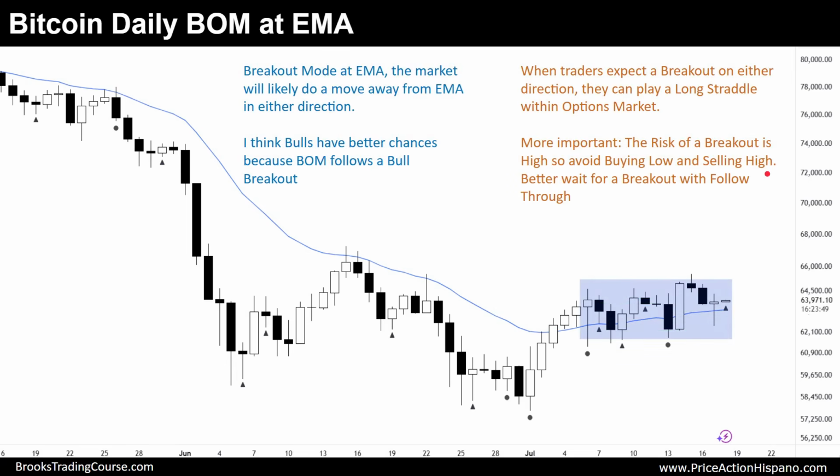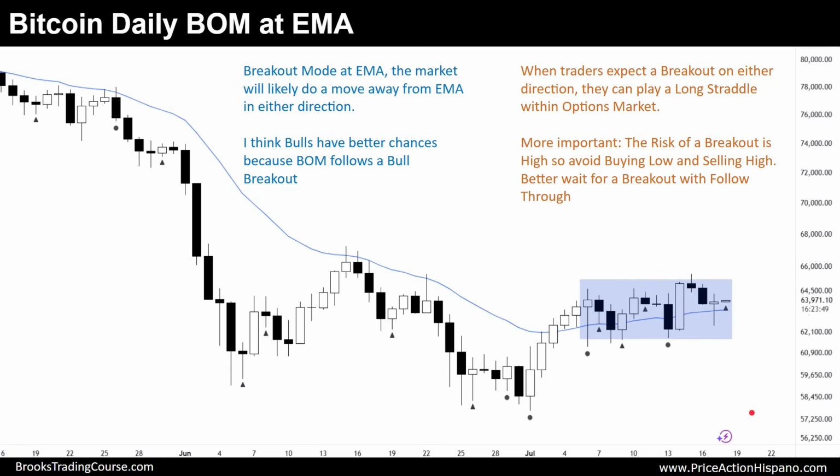More importantly, what we discussed in the introduction, this breakout mode pattern sits at the exponential moving average. Whenever we see a tight trading range or a breakout mode pattern, but especially if the price action is tight at the exponential moving average, what we expect is a move away from the moving average.